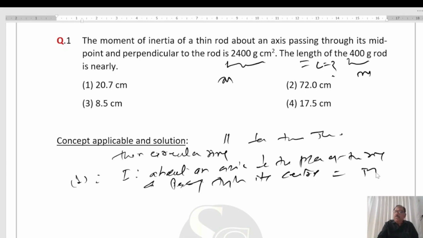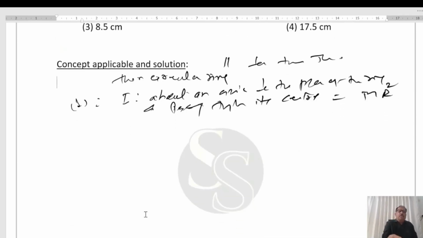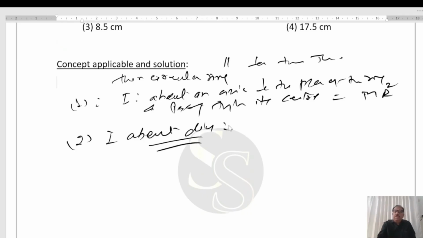Its derivation we can find out: it is mr square. In other cases, I will apply the parallel axis theorem. Now, Id about a diameter. What is the perpendicular axis theorem?